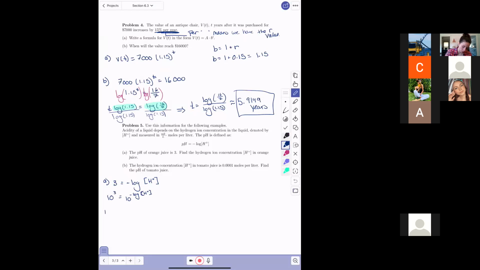So what ends up happening is we're left with 10 to the third is equal to negative H+. Divide both sides by -1. So negative 1,000 is equal to H+. Any questions there? And then this is moles per liter.